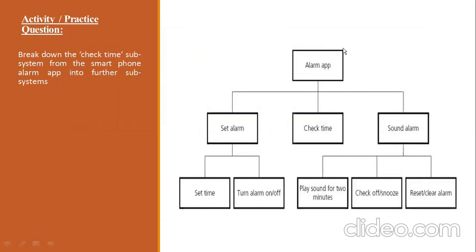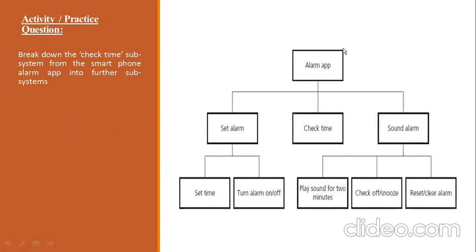Normally, it happens that we make the structure chart before algorithm and flow chart and program, but in reality, it may be the case that you are given these things at first, and you may be asked to extract or make a structure chart from algorithm or flow chart or a program. So you may be asked in the reverse order as well. But here, the scenario is given to you, and you have to complete this structure chart.